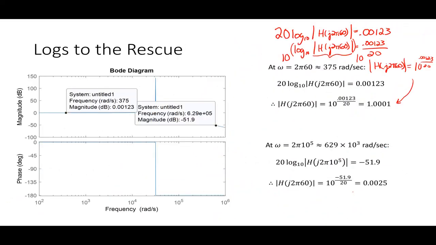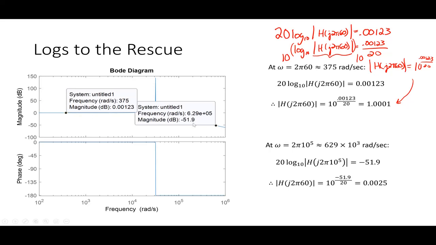Now, if we put in omega equal to 2π times 10 to the fifth, which if you calculate is about 629 times 10 to the third radians per second, and I look at the graph at that point, the magnitude is negative 51.9 dB.